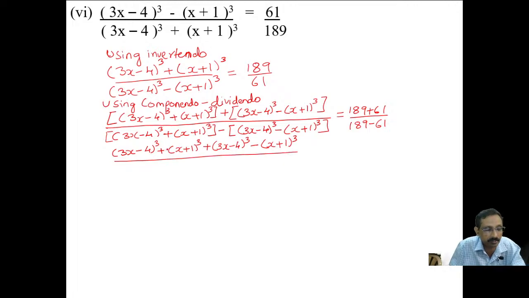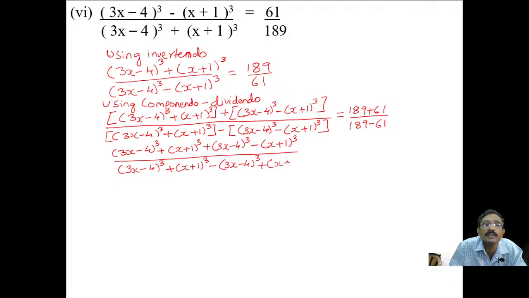Let us open this bracket and see what we get. (3x minus 4) cube plus (x plus 1) cube. Now minus into plus gives me minus (3x minus 4) cube. Minus into minus will give me what? Plus.